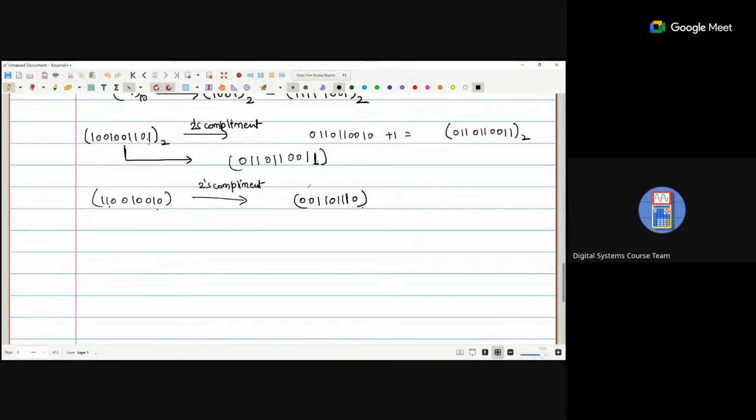Clear? Any doubt how we can directly calculate the 2's complement?